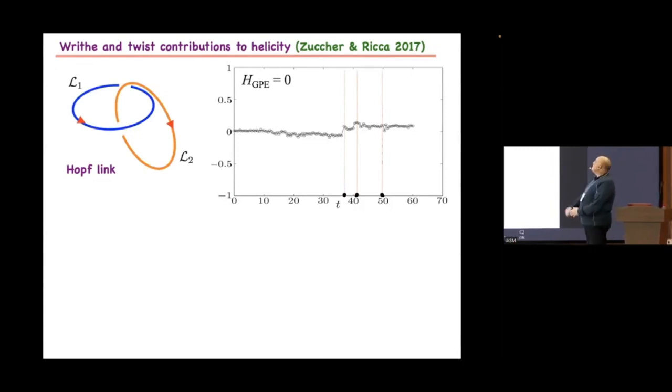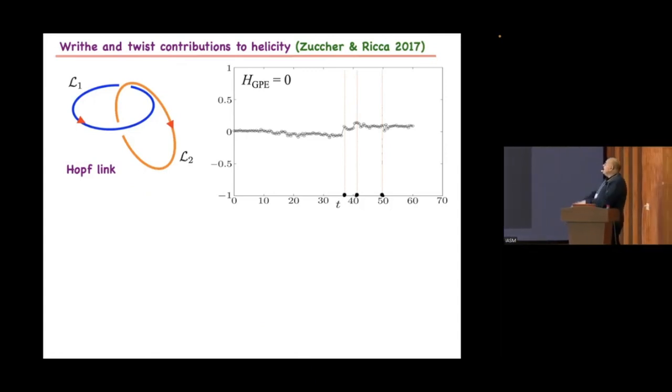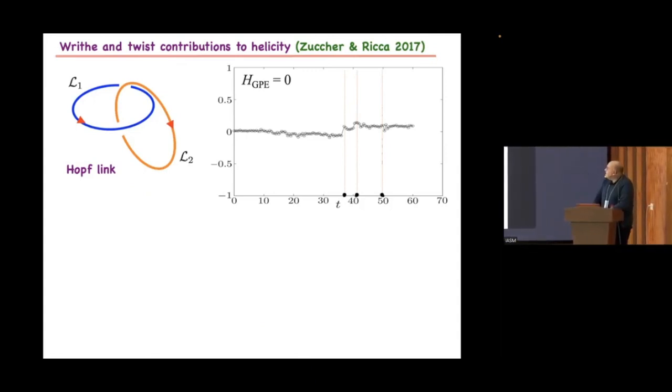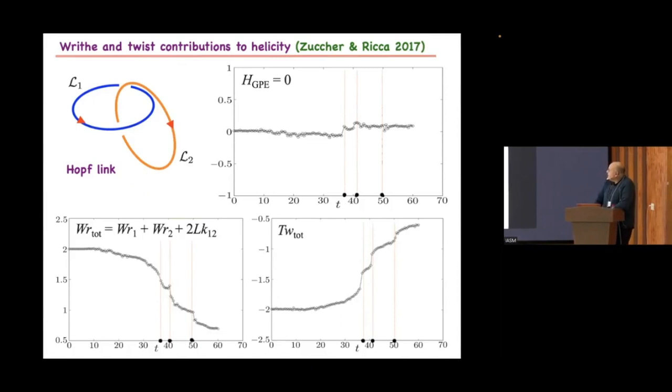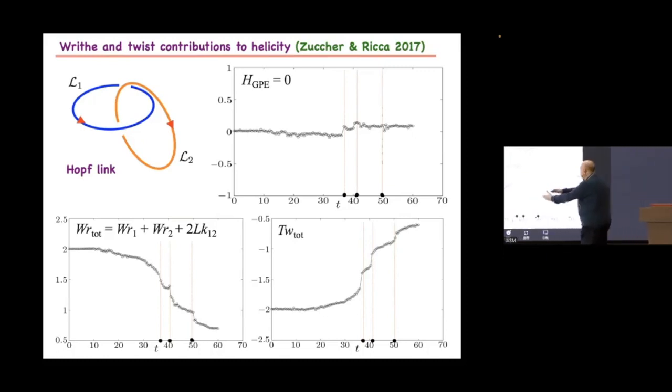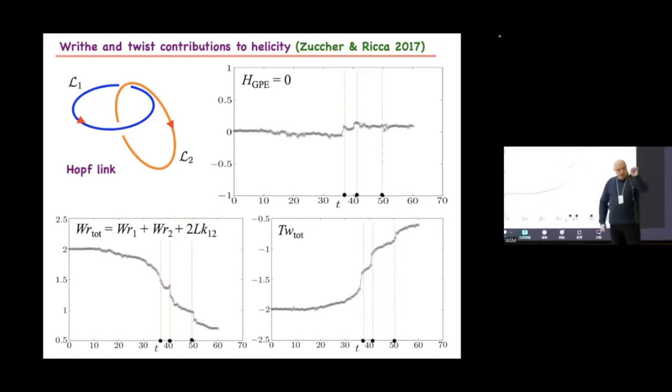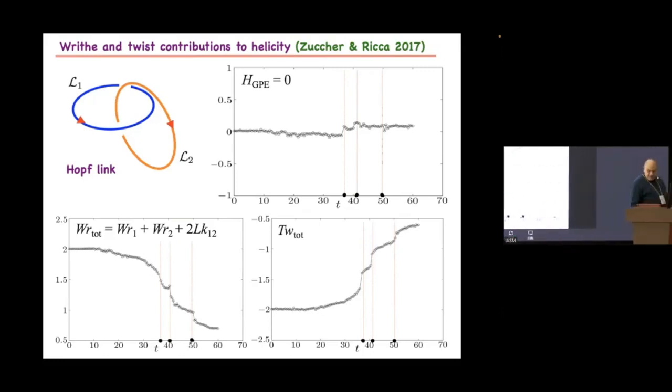If you want to check about helicity, this is the work of 2017. It was done, and the total helicity is there. And then we did a lot of numerical checks to prove this. Of course, the writhe goes down and is balanced by the twist, and the black dots show you where a reconnection takes place.